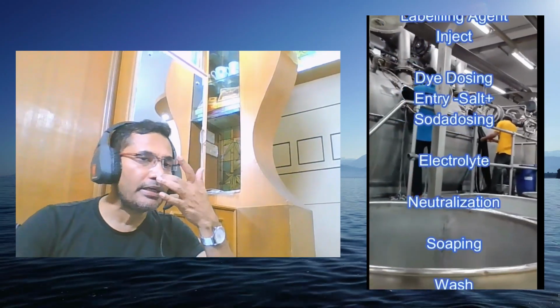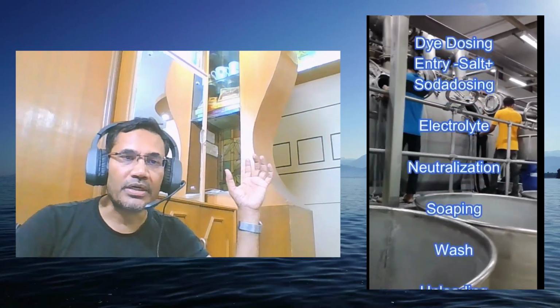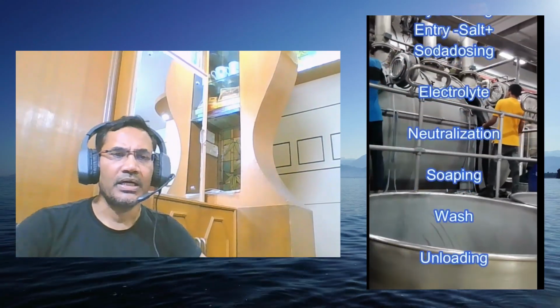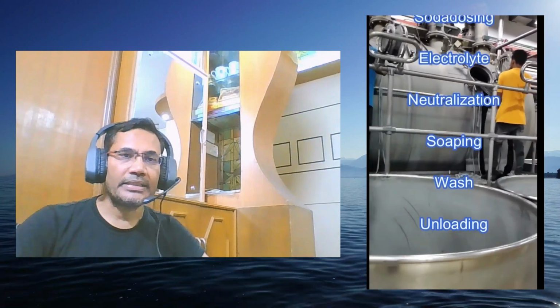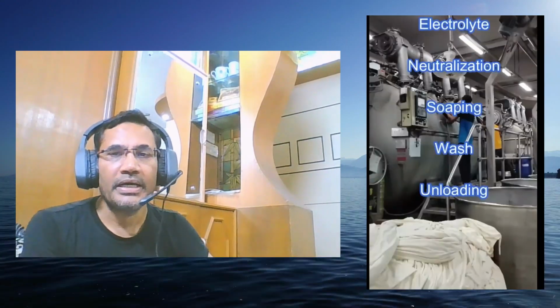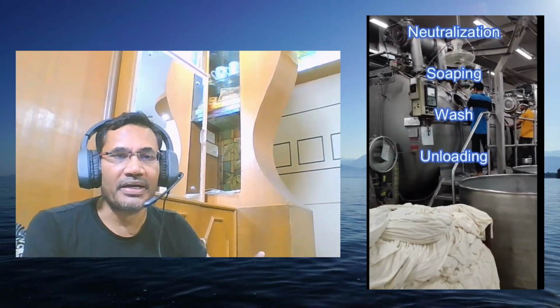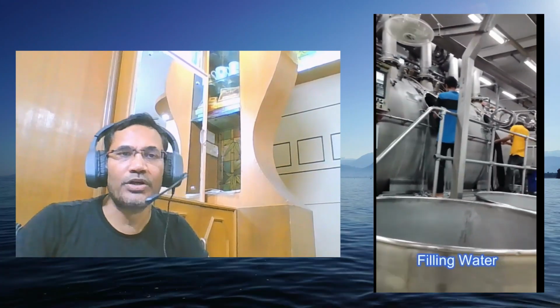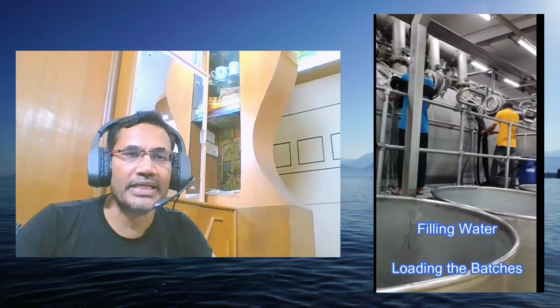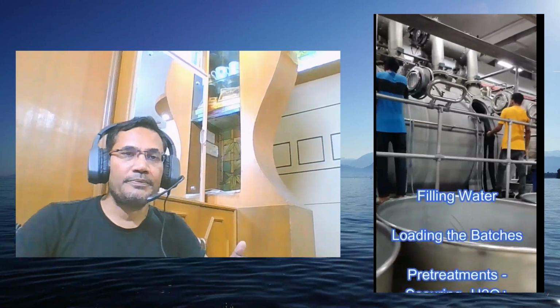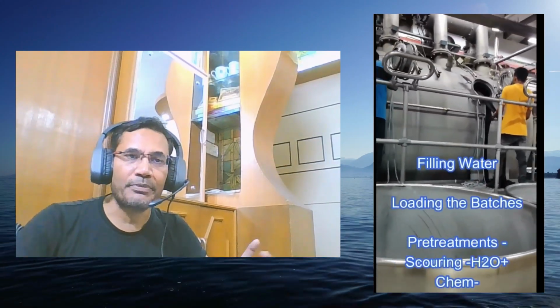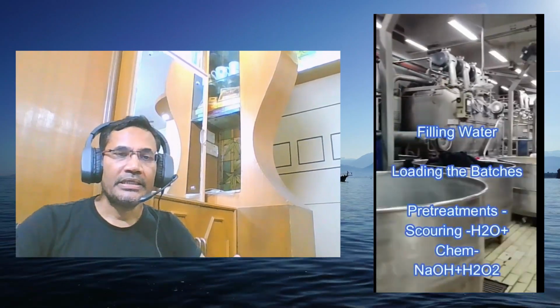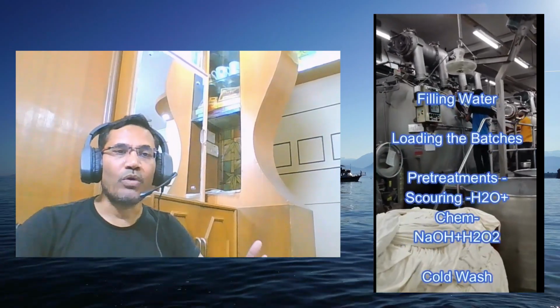Dye dosing means you have to add salt, then soda dosing like this. The dyeing engineers, the masters of dyeing, and chemical engineers take part in this. Then after the electrolyte, you have to do neutralization again, then soaping, then wash and unloading.